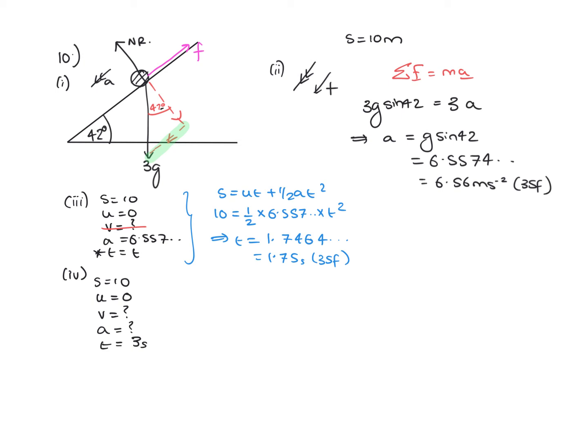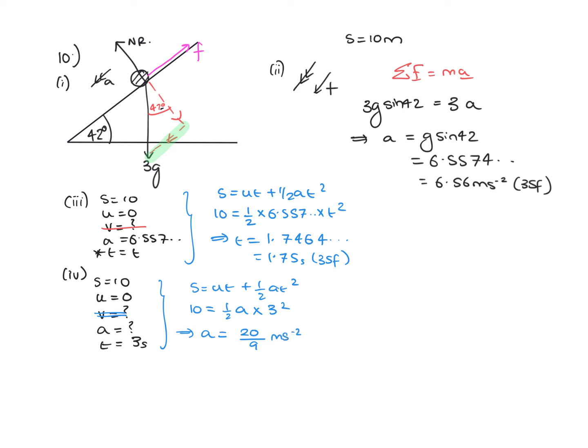Let's straight away rule out V, which we're not interested in, and then using the rest of these values, again, S equals UT plus a half AT squared, 10 equals a half A multiplied by 3 squared, so this allows us to work out the new acceleration, which comes to 20 over 9 meters per second squared.